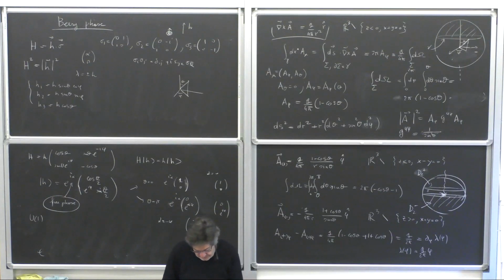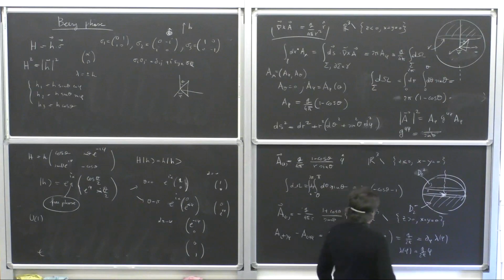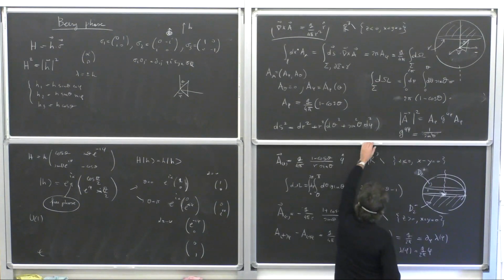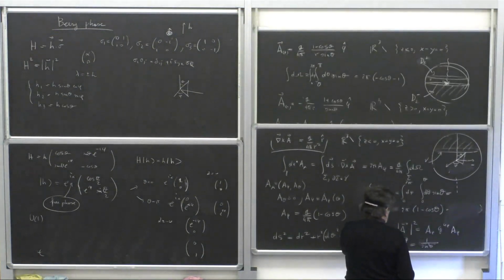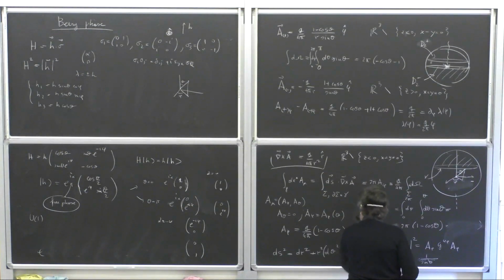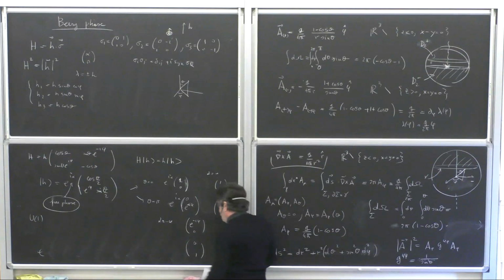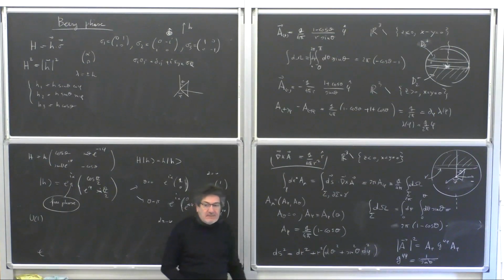How do I go? Well, I'm not sure I will be able to cover the subject in 5 minutes, but let's start. Well, the idea is to see what happens when I do an adiabatic change of parameters in the Hamiltonian.